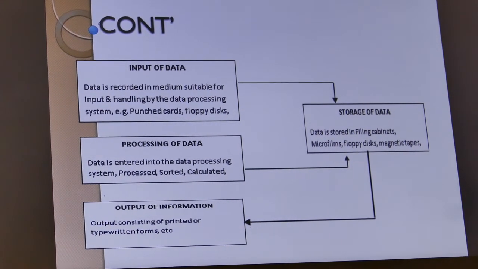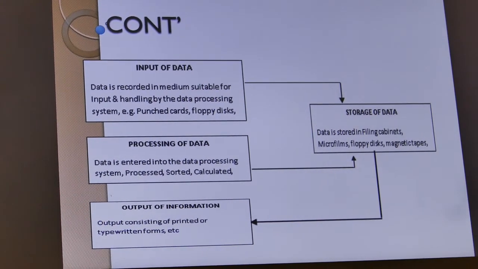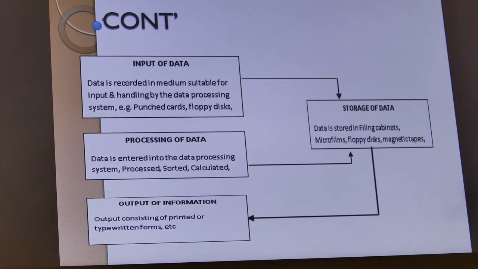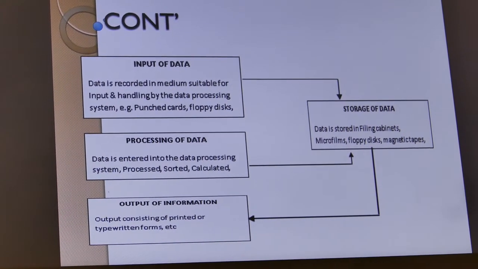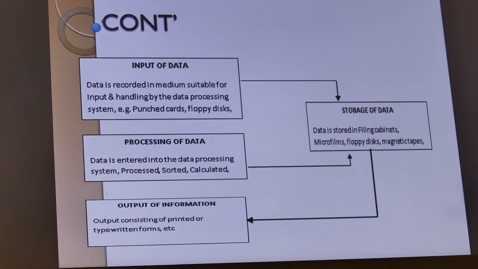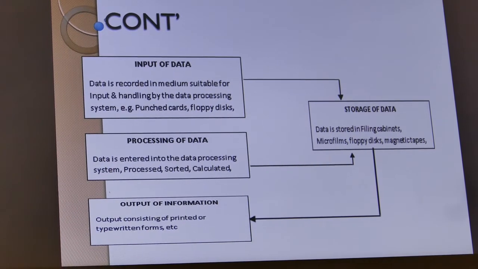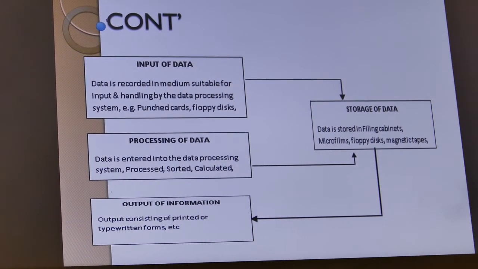So the other stage is processing of data. This is the conversion of data to become meaningful. So the data that was collected is entered into the processing stage. It is processed. Then after processing, you can either store or you can project it.